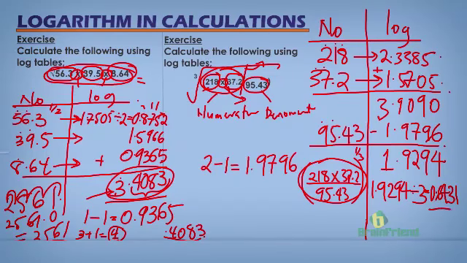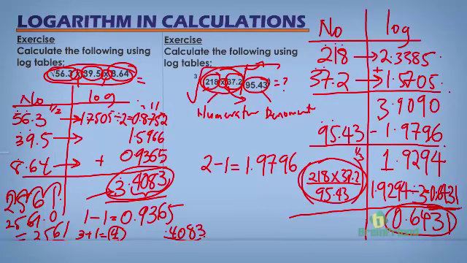Let's leave our number string like this. So we have our final number as 0.6431.